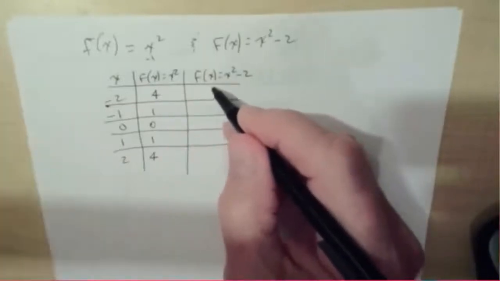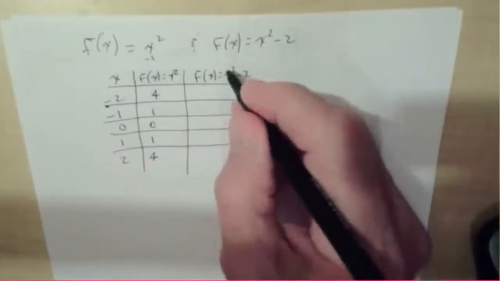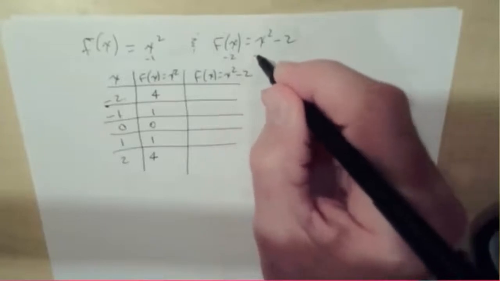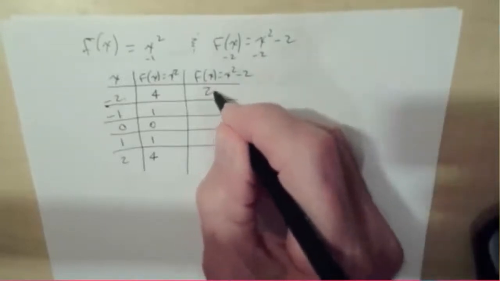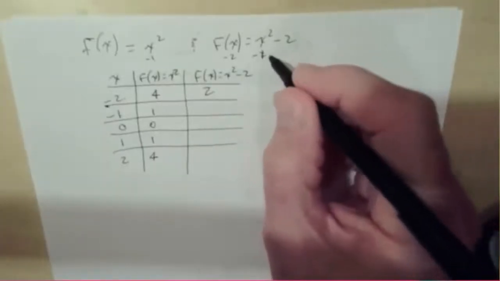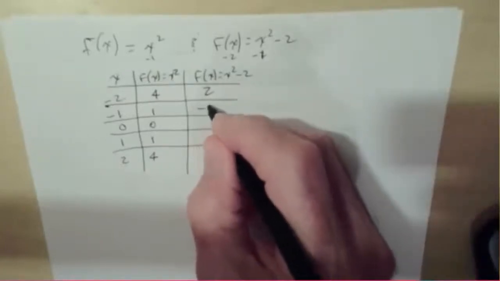Now this one, we have x squared minus 2. So we plug in negative 2 here. Negative 2 squared is 4. 4 minus 2 is 2. Same thing here. Plug in negative 1. Negative 1 squared is 1. 1 minus 2 is negative 1.